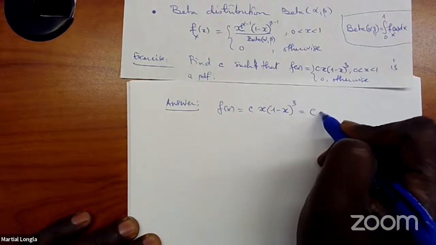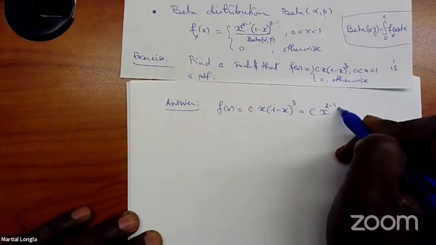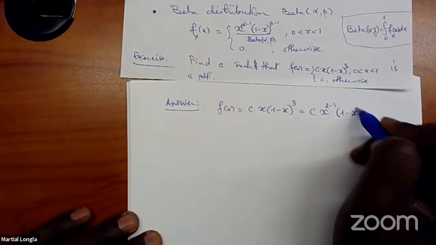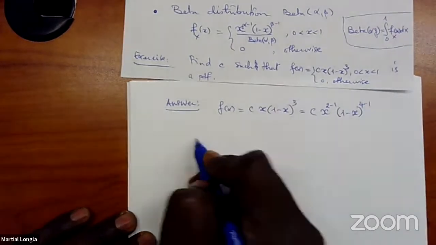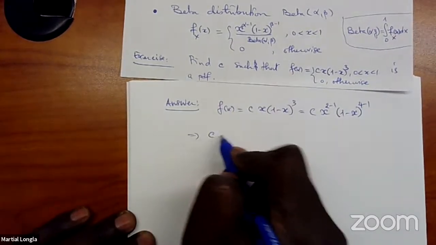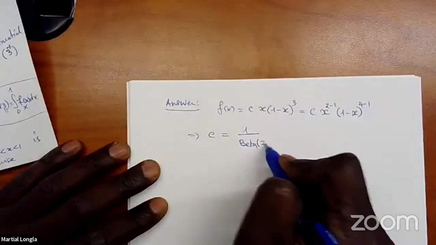This is C, and you would say this is x to the power 2 minus 1, times 1 minus x to the power 4 minus 1. And so you would say C is equal to 1 over beta of 2, 4.